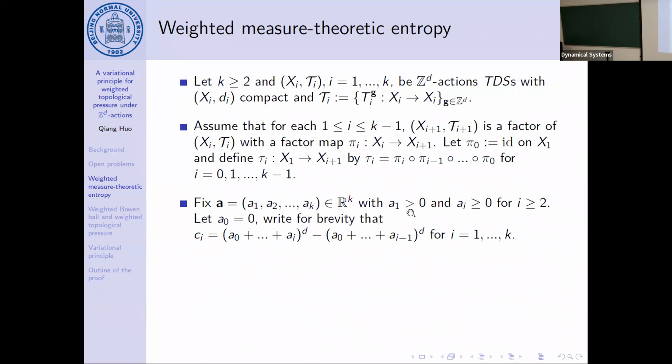Okay. So next, I will define the weighted measure-theoretic entropy.